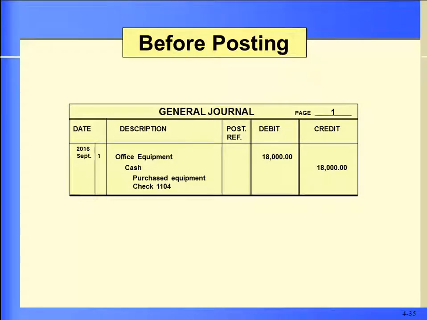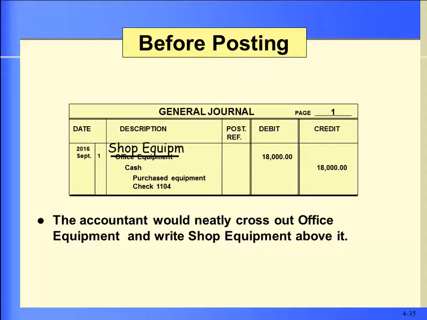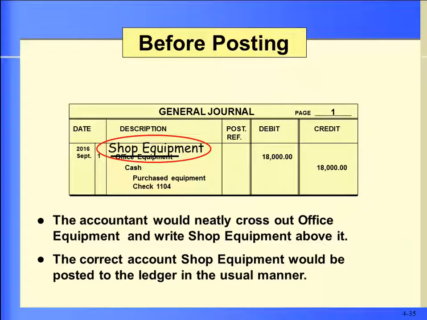So in general, assets would still be the same, just in a different account. So here's the original entry. So we basically just cross that out before we post it and put shop equipment. And we post it to the ledger in the usual manner.